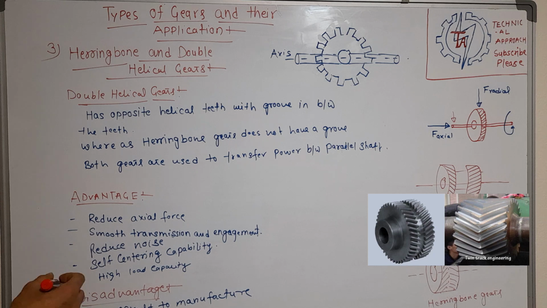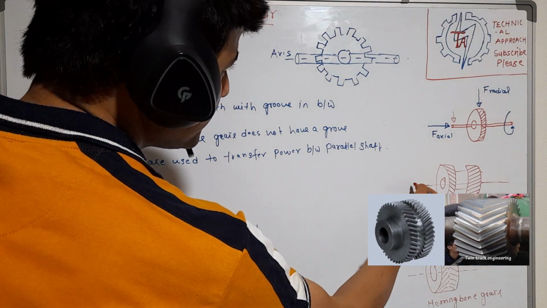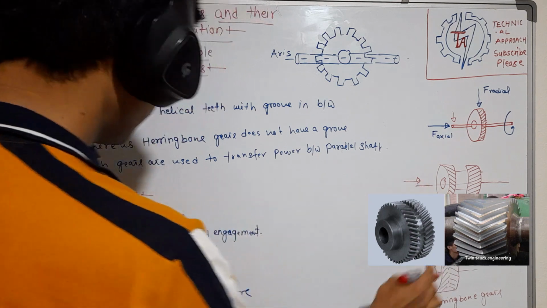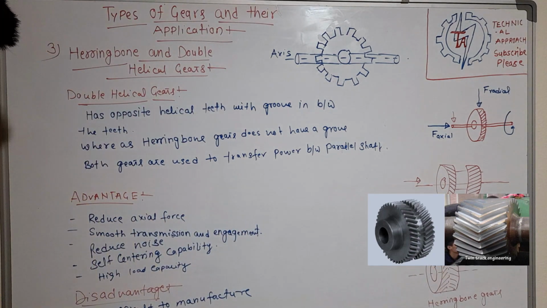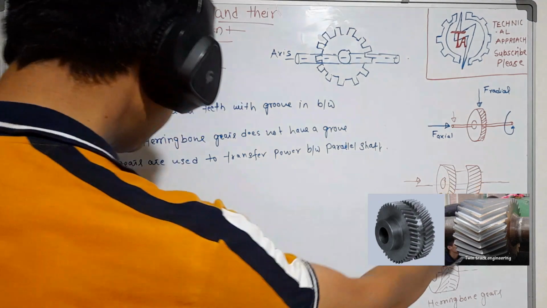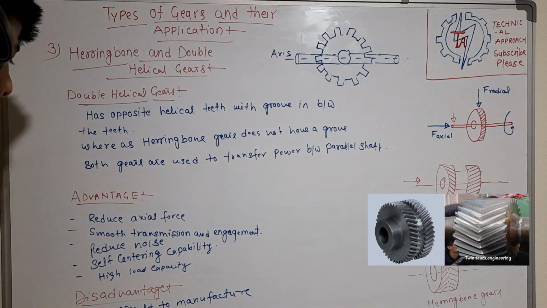Okay, now advantages: reduce axial force. Both gears reduce axial force. Smooth transmission and engagement. The engagement of these gears is very smooth.